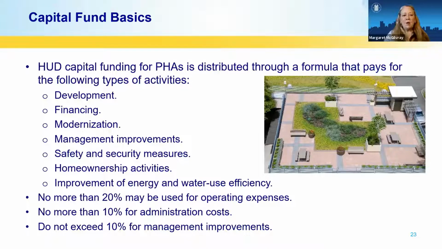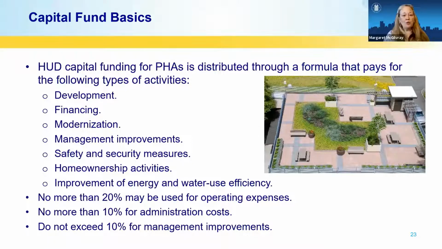So just to recap, PHAs of any size may allocate up to 40% of their capital fund for what is referred to as non-hard capital costs. So that's operations, administration, and management improvements.